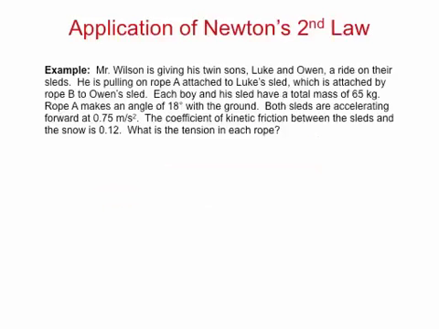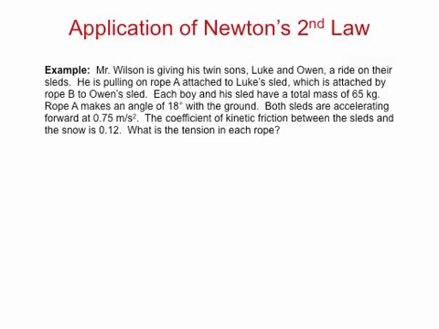The example reads, Mr. Wilson is giving his twin sons, Luke and Owen, a ride on their sleds. He is pulling on rope A, attached to Luke's sled, which is attached by rope B to Owen's sled. Each boy and his sled have a total mass of 65 kilograms.